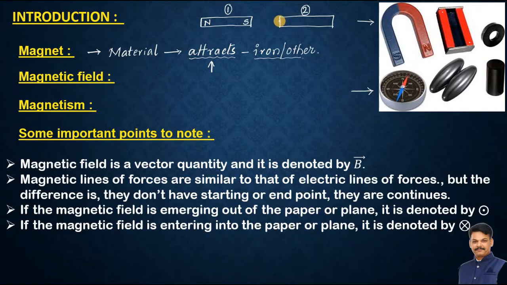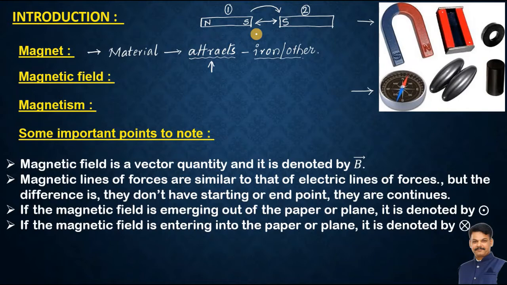We know that the same type of poles we call like poles. See here, the pole S is there in one magnet. If the pole S of another magnet is brought near, then there will be a force of repulsion between them. The two poles repel each other. Or if the north pole is brought closer to the north pole, again a force of repulsion is found between them.